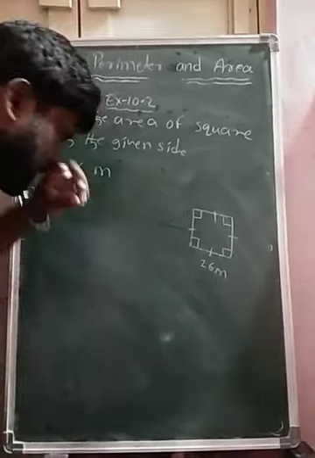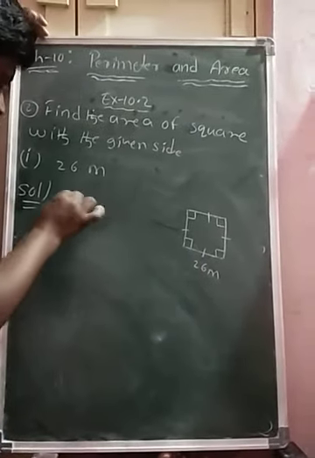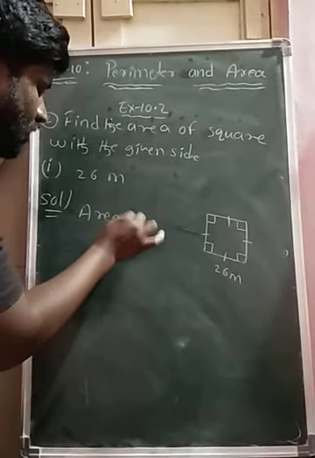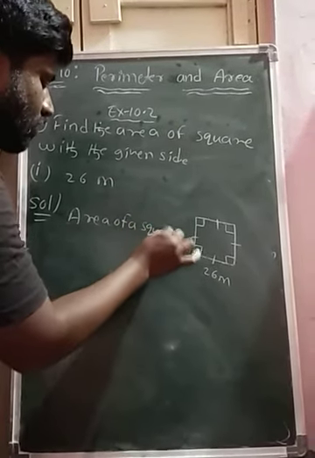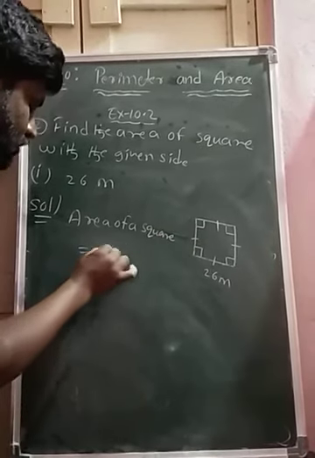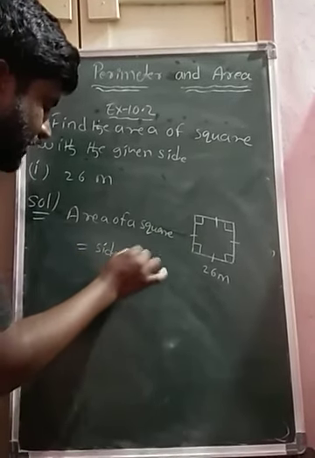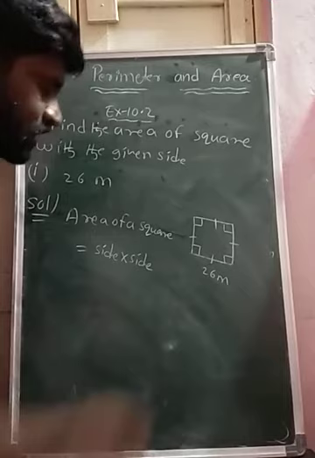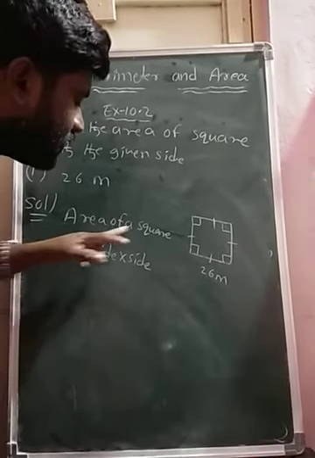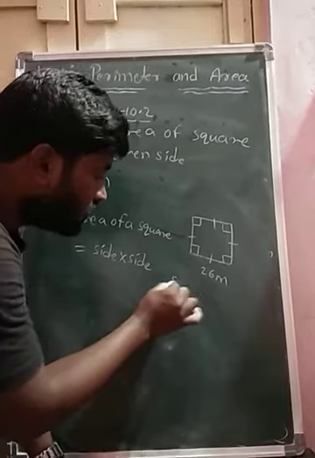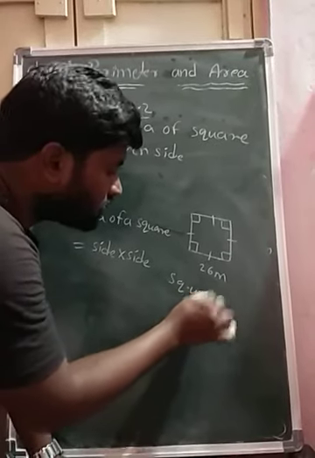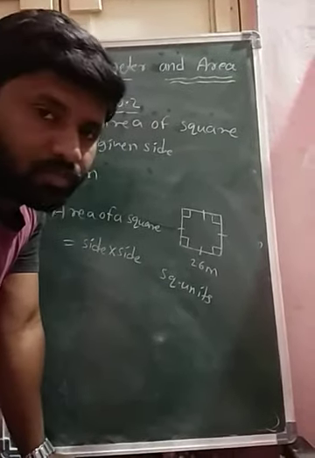Now what is the area of a square? Area of a square is equal to side into side. Area is always in square units.